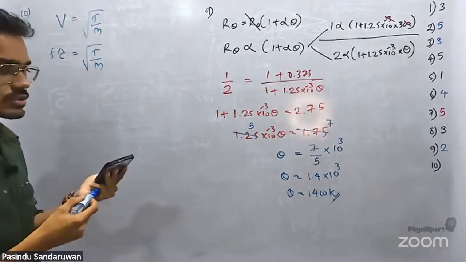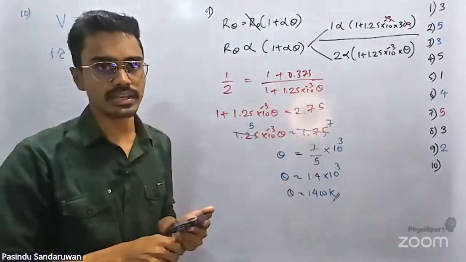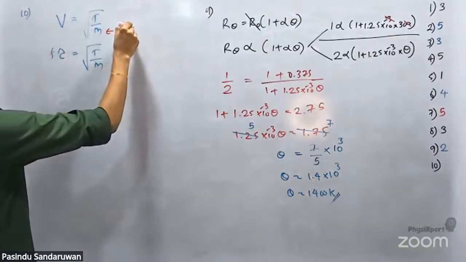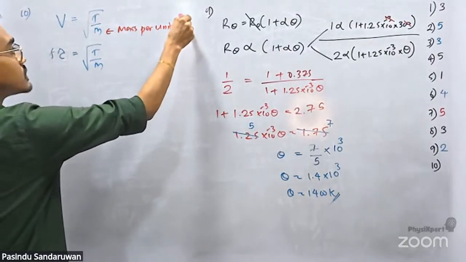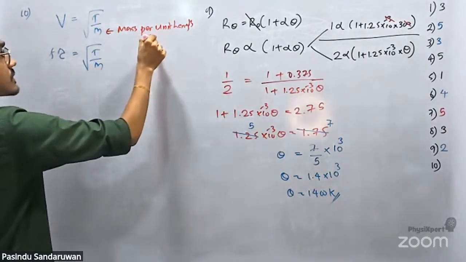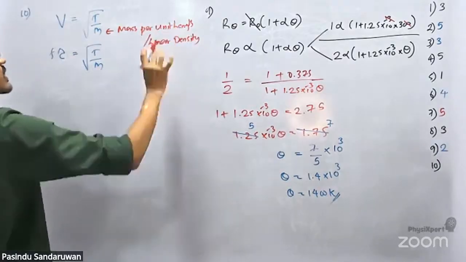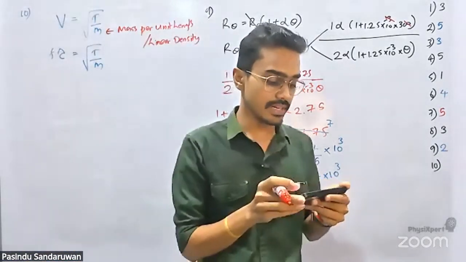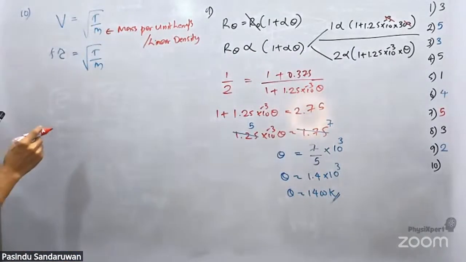And m is not mass; m is mass per unit length, which is called linear density. This is constant for a given material, and lambda is also the same here.